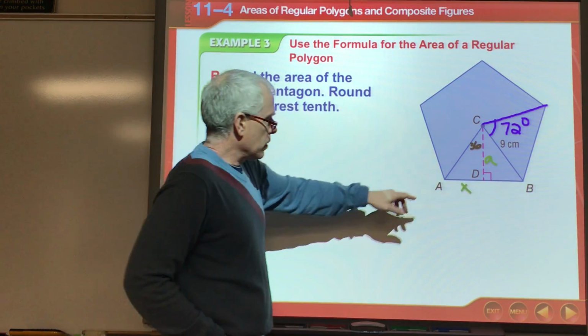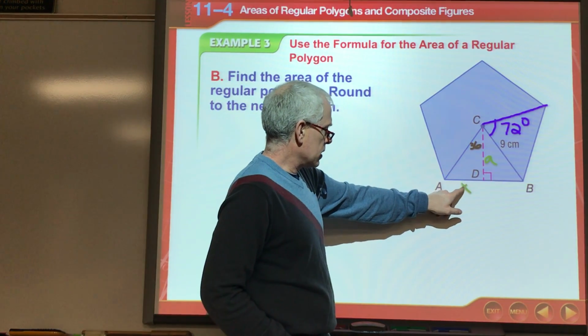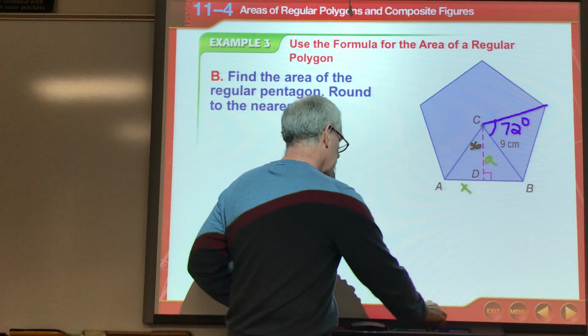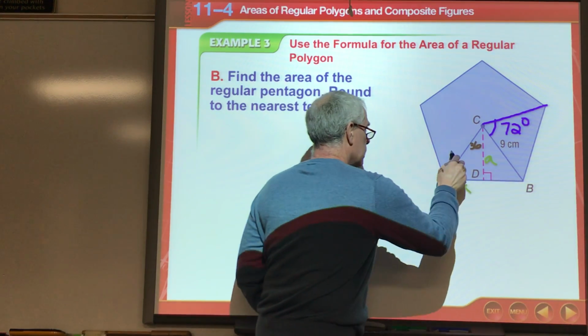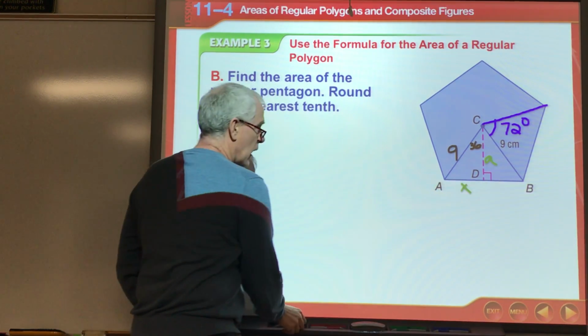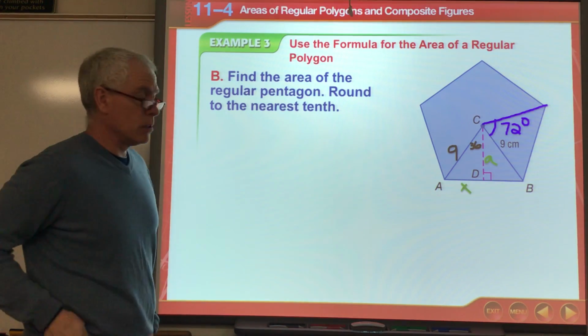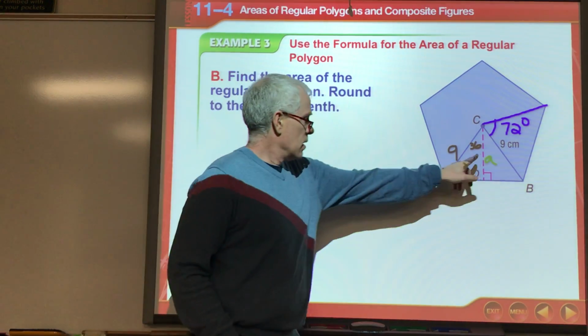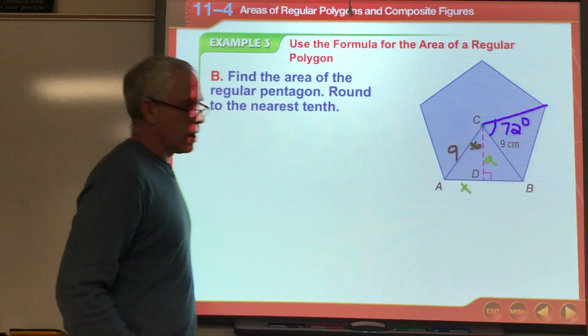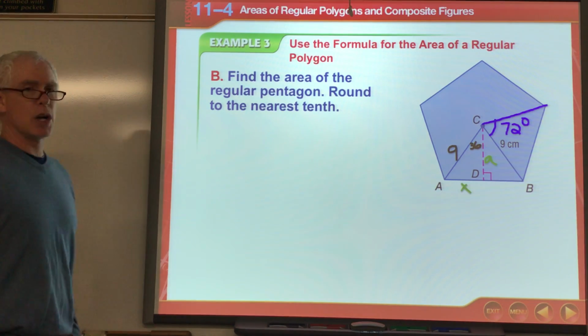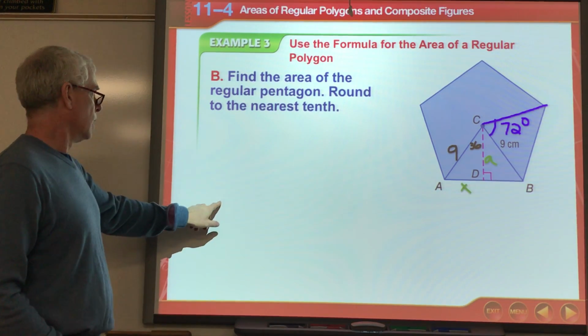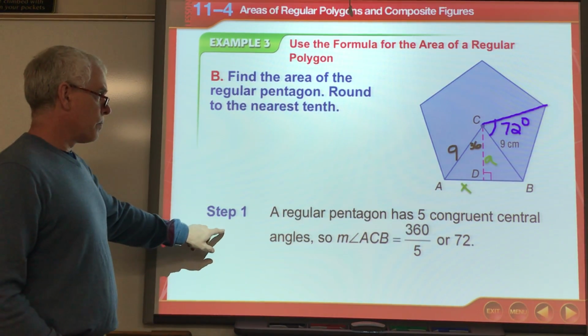Well, compared to the 36, x is opposite, and the radius there is 9, okay? So opposite and hypotenuse is sine, so I'm going to use my trig stuff here. And the apothem is adjacent, and the 9 is the hypotenuse. So that's going to be cosine, adjacent over hypotenuse. Okay?